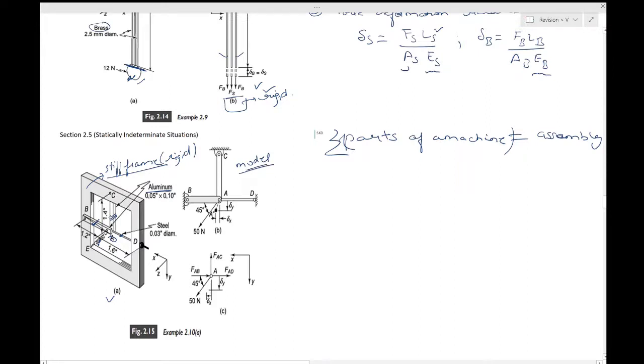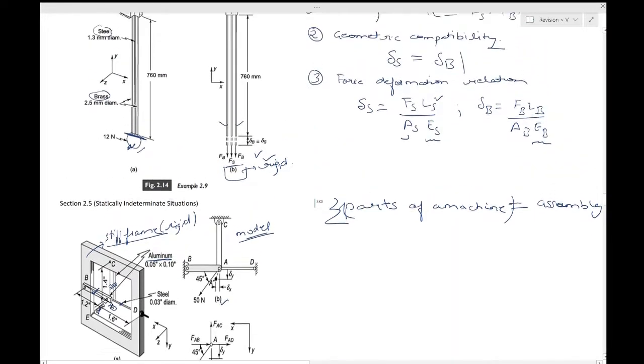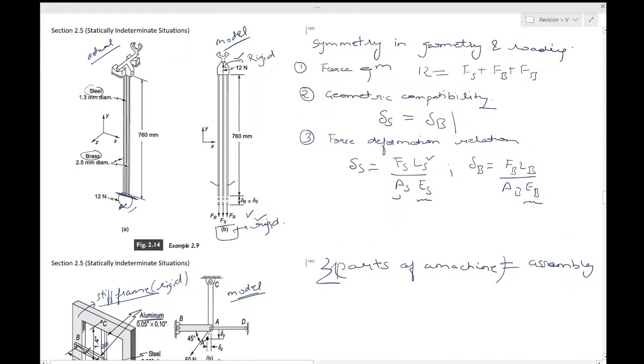That is shown in this figure 2.15b. You assume that the frame is rigid compared to the aluminum bars and the steel rod. This is something which you have already been told. By the way, in the previous question I knew it was a circular cross section because in the question it is given as a rod.